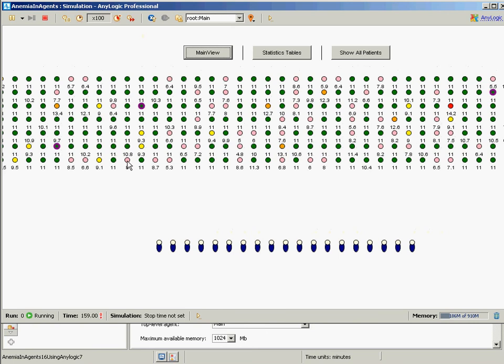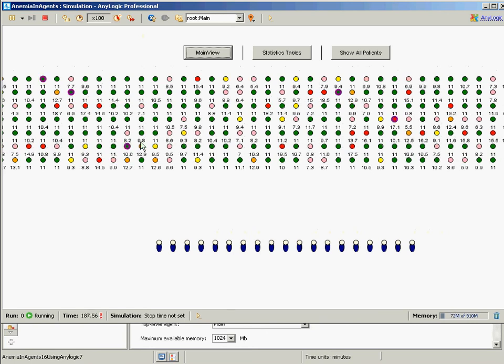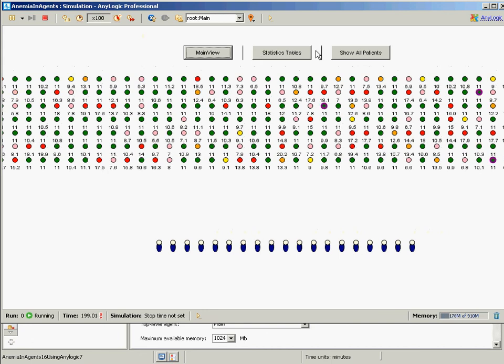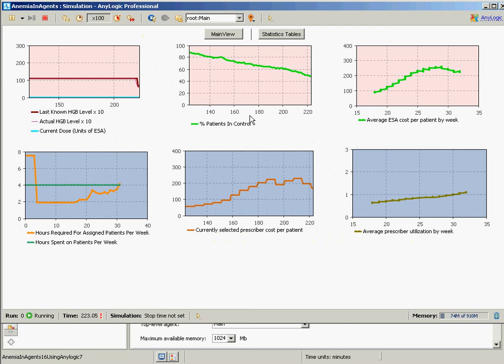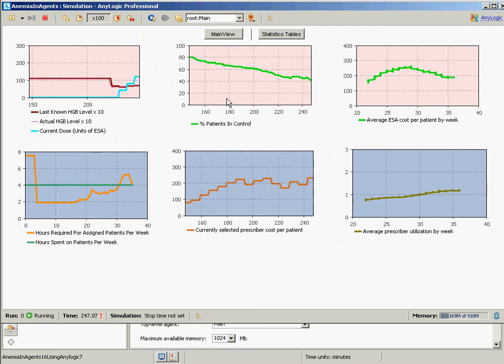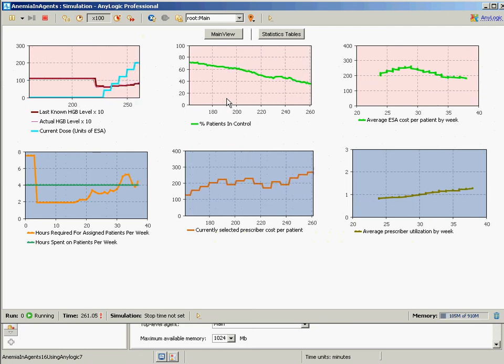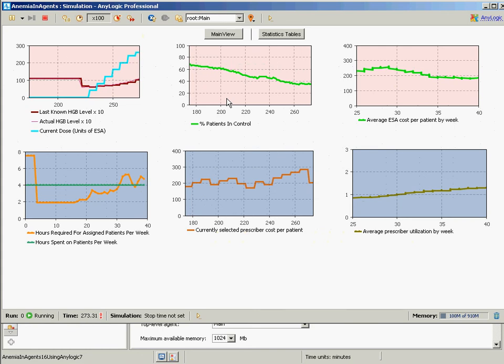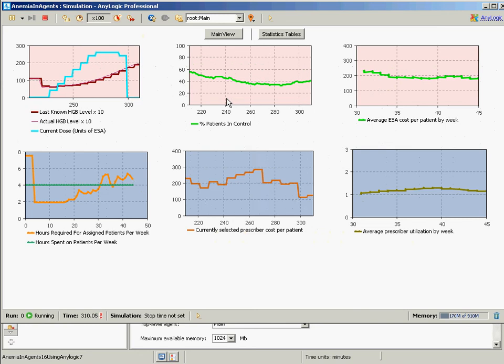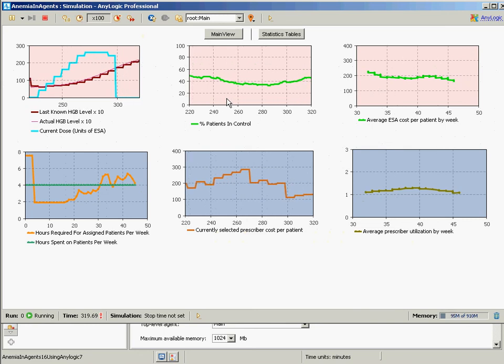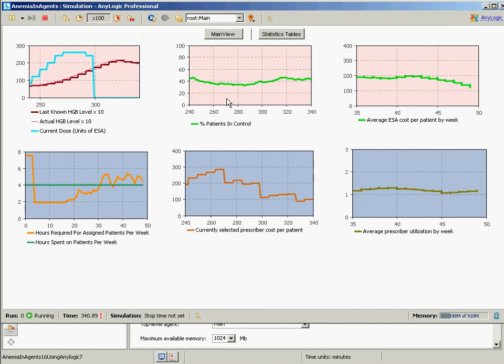What percentage of patients are viewed as being under control according to certain criteria, and this is epoprotein cost, I think, per patient per week, average prescriber utilization, selected prescriber cost per patient, and hours required by the prescriber for assigned patients per week.